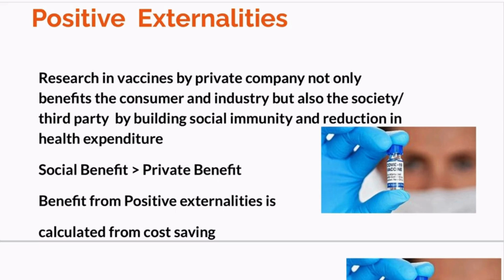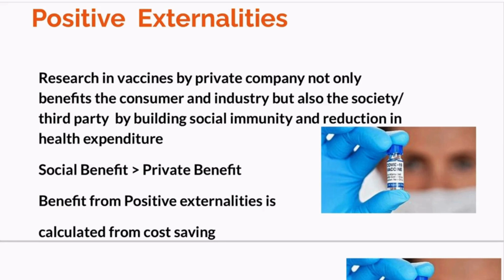If you want to understand this in terms of the marginal benefit and marginal costing concept, we would say that if I am a private company manufacturing 100 vaccines, then to manufacture an additional 101st vaccine, the cost to me would be the private marginal cost.